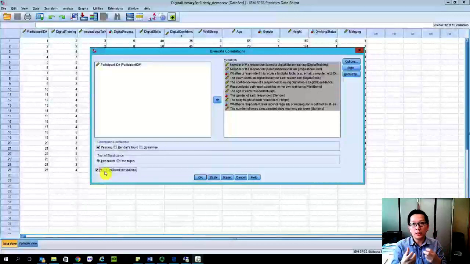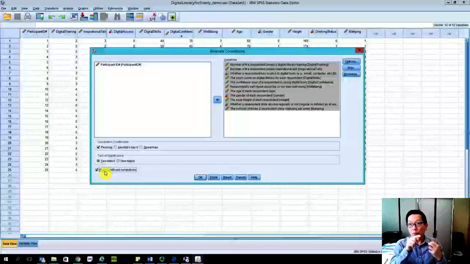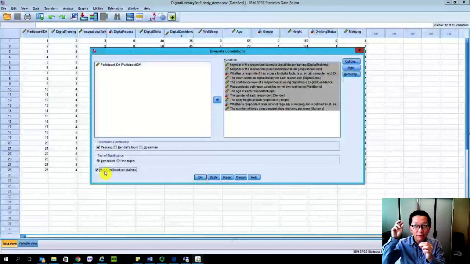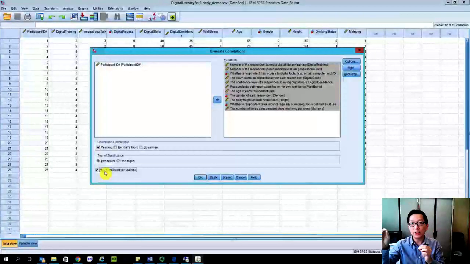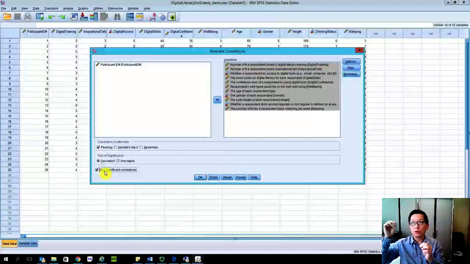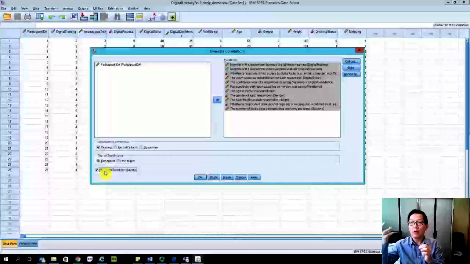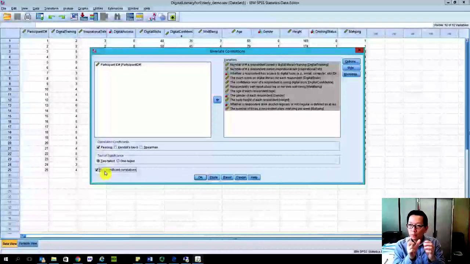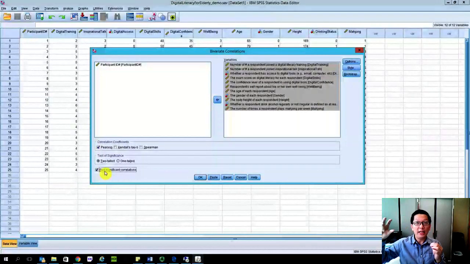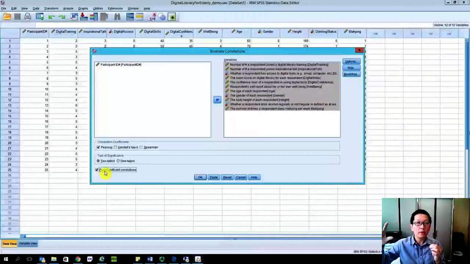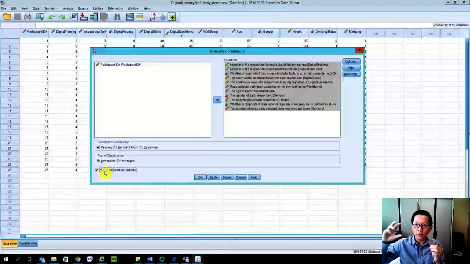If your p-value is 0.05, which is 5%, it means you have 95% confidence that the result is not by chance, but because of the reality. So you want the p-value to be as small as possible, so that your confidence in the result is higher and it is not due to chance or error.